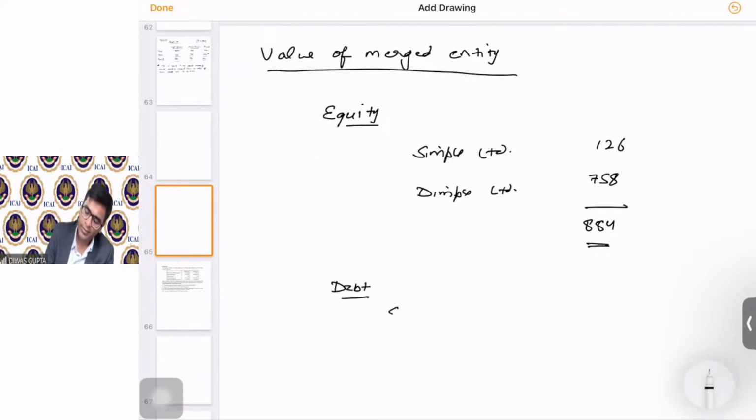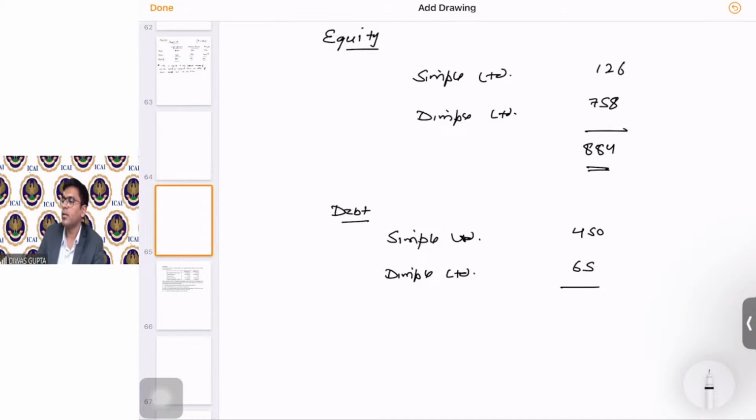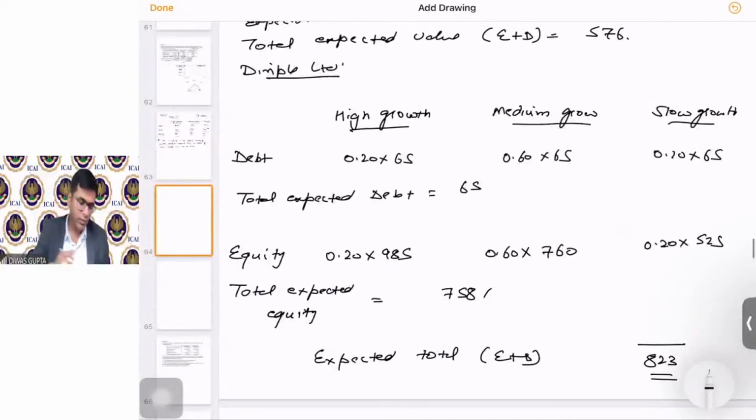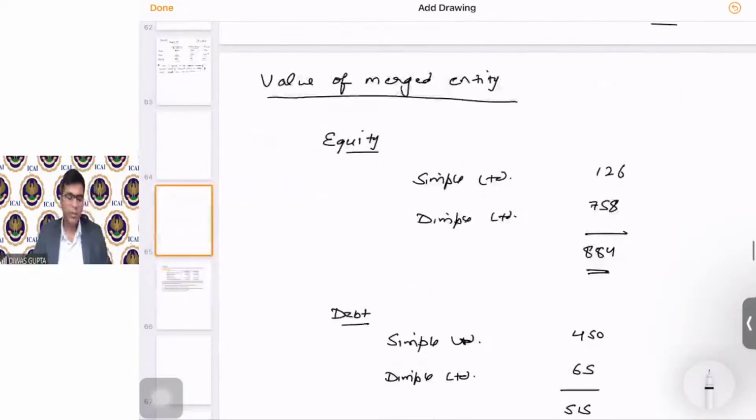Now debt is Simple Limited and Dimple Limited. It becomes 450 and 65 students. Right? So this is actually 515. Perfect. So these are the answers.